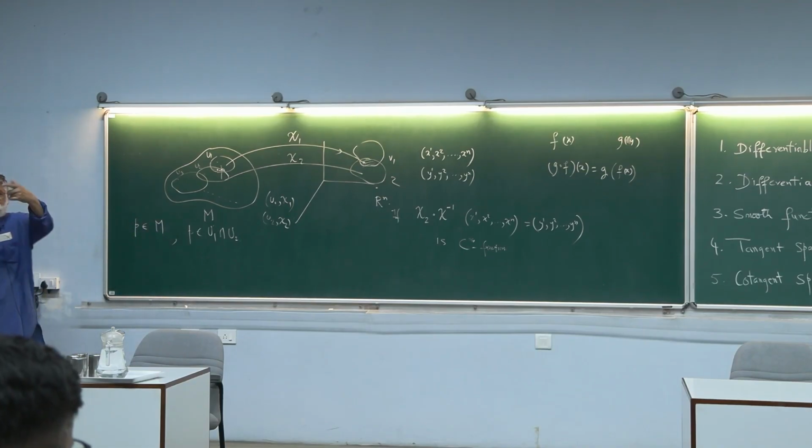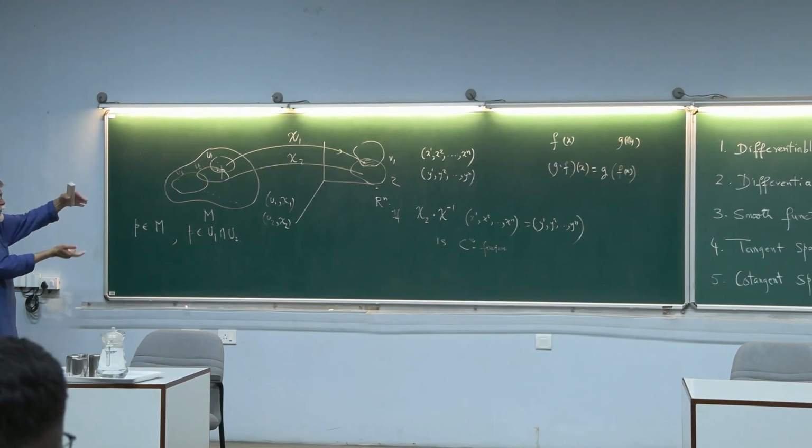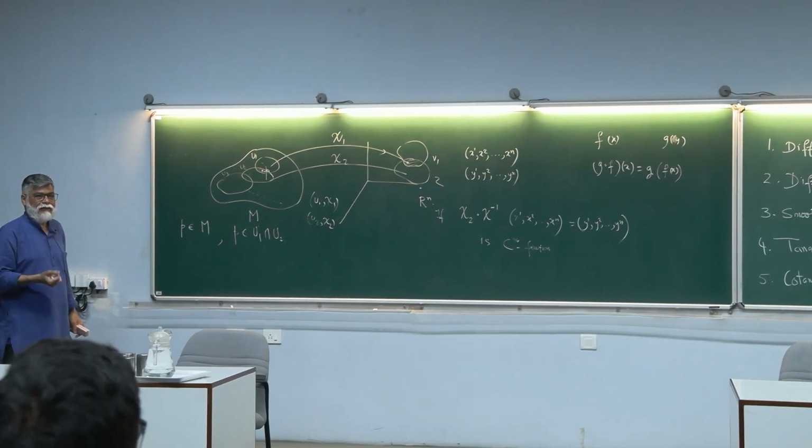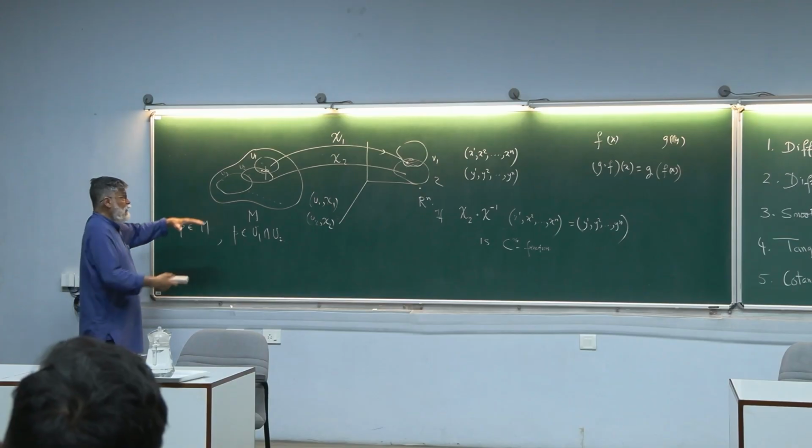All right. Because the transition function, this chi2 chi1 inverse, is infinitely differentiable, that means it is extremely smooth. When that happens, then the charts U1 chi1, U2 chi2, which have common intersection, are said to be differentiably related. Now, remember, what is an atlas?